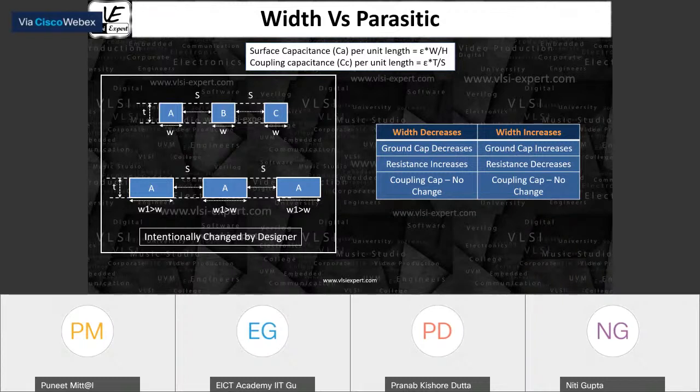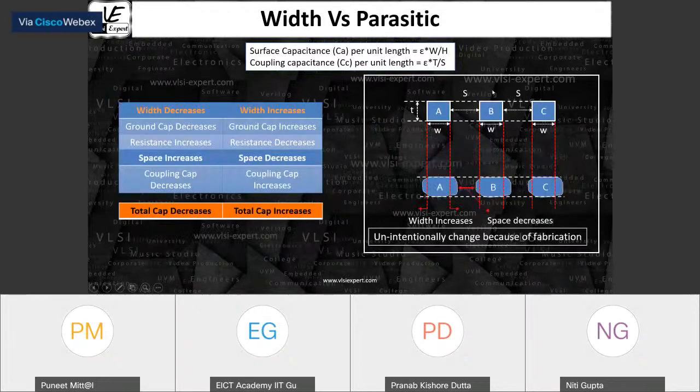The ground cap is going to increase, epsilon A by D, with respect to the upper and lower metal wires. Resistance is going to decrease the way I have discussed, rho L by A, where A equals W times T. From the coupling cap point of view, nothing is going to change, because the coupling cap doesn't have any dependency on the width in this scenario.